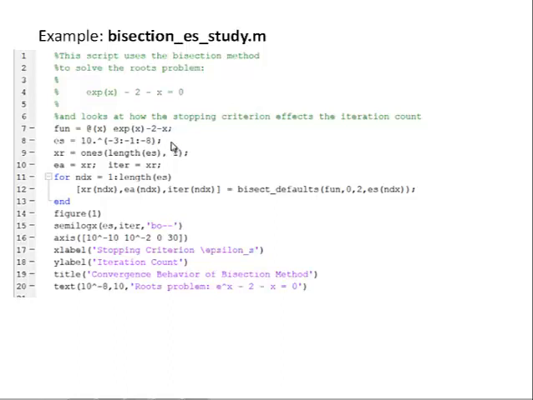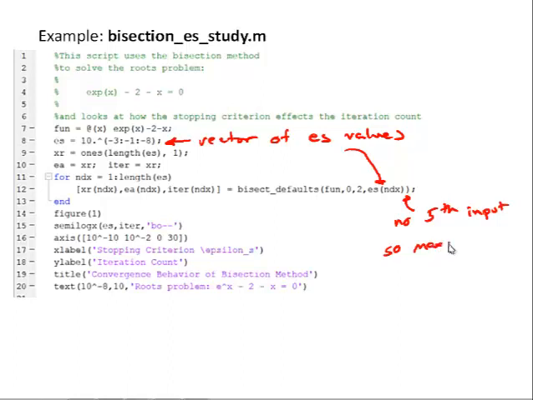But basically we set up a vector of ES values, and then we're going to pass them one at a time as the 4th input to bisect defaults. And notice I have no 5th input, so that maximum iteration value is the default of 50.